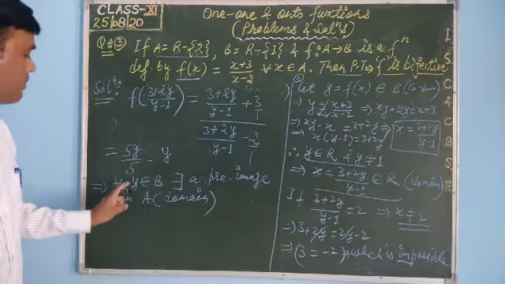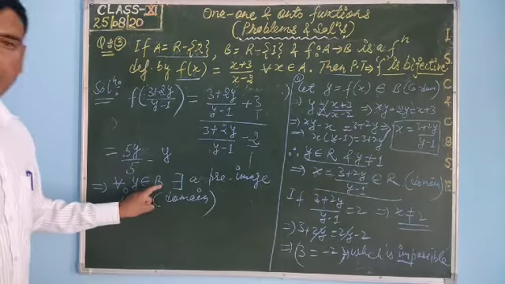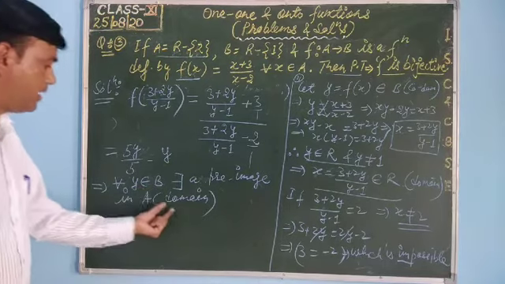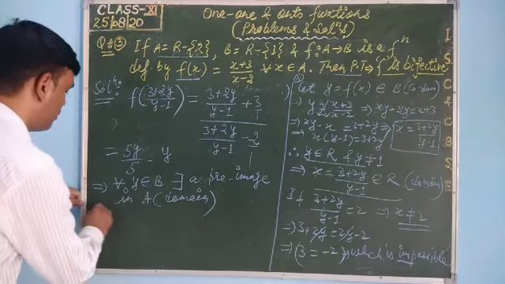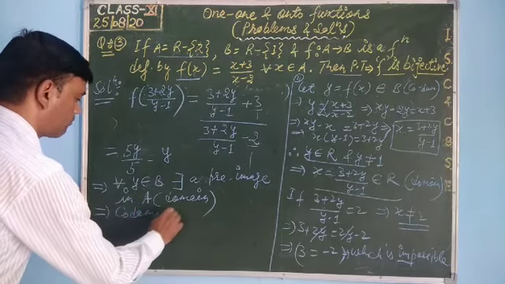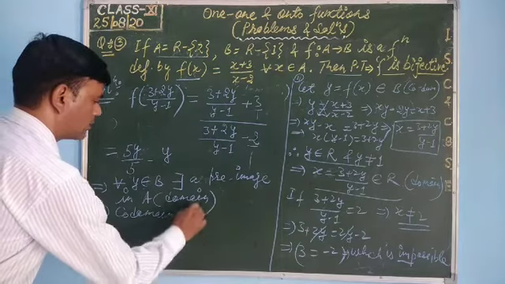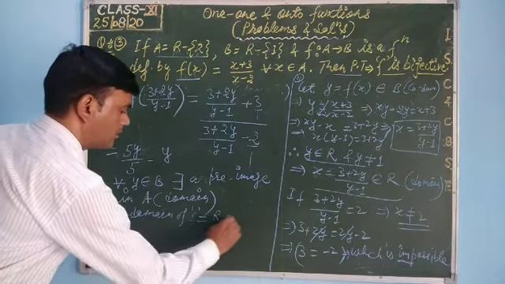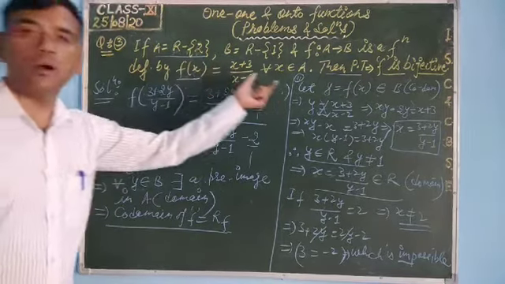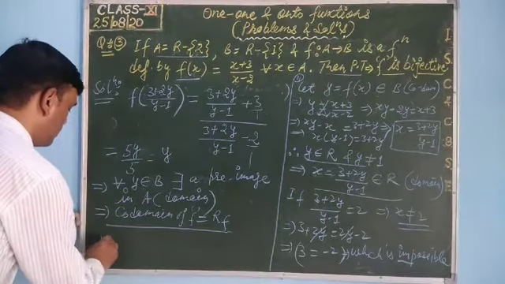It means for every element y belonging to codomain, there exists a pre-image in domain. It means codomain of the function will be equal to range of the function, and this is the sufficient condition to prove any function to be an onto function.